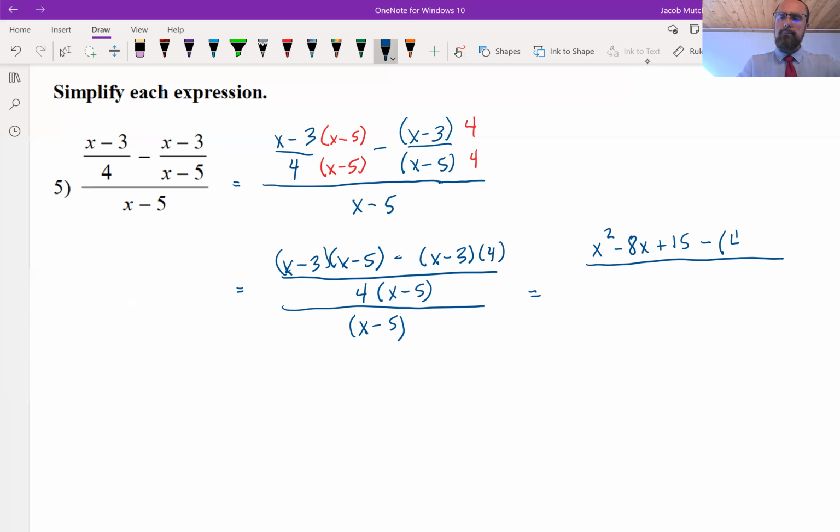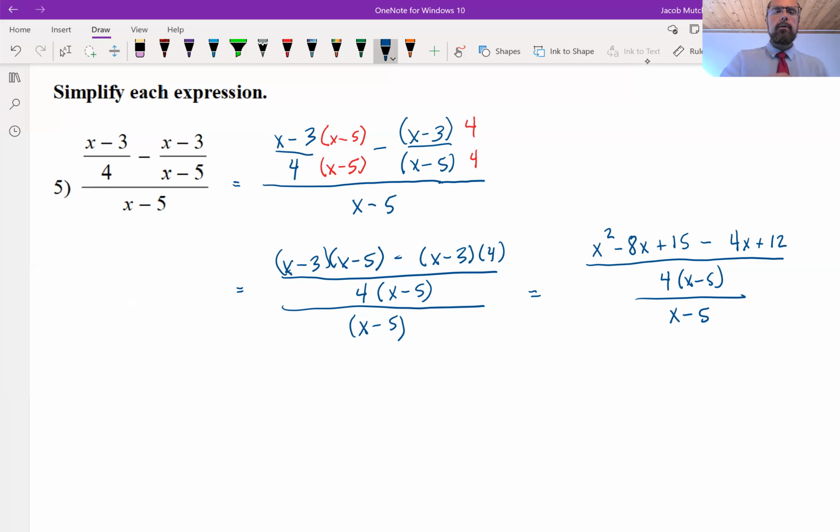I'll write that with parentheses first. In fact, I did that distribution incorrectly. It's 4x minus 12. But then I want to get rid of the parentheses, so I'm going to distribute that negative. So it's going to be minus 4x and then plus 12. And that's going to be all over 4 times x minus 5 over x minus 5.